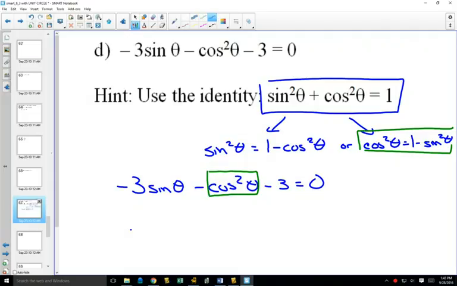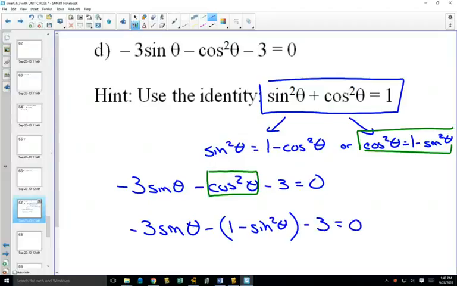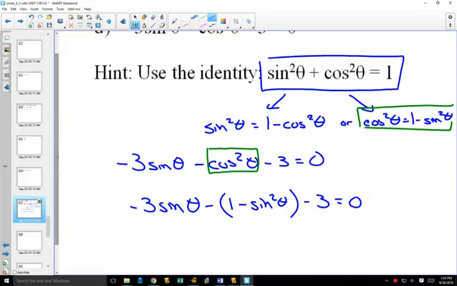What that does is that rewrites, and I'll put it in brackets because I have more than one thing and that negative would get distributed. Anytime you substitute something in for something else, it makes sense to put it in brackets, especially if it's a big thing that you're substituting in, because in this case, that negative sign will get distributed. We're going to get negative 3 sine theta minus 1 plus sine squared theta minus 3 equals 0.